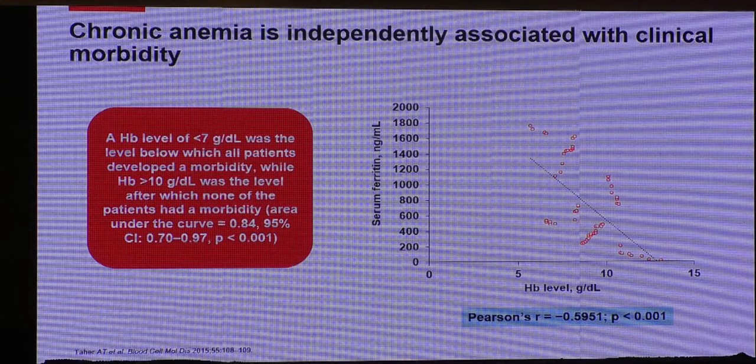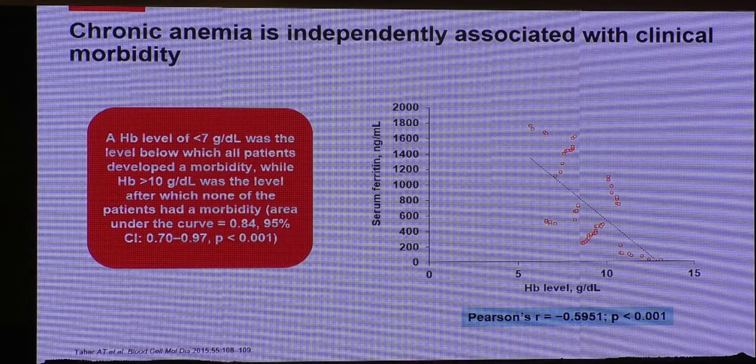Patients who had less than 7 definitely had the morbidity, and between 7 and 10 it was a variable group. So at least we were able to send out the message to say, keep the patients with a hemoglobin of 10 or more, whether by transfusion in TDT or by whatever means that are currently unavailable in NTDT.